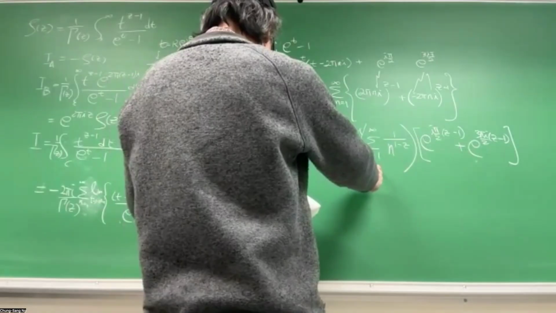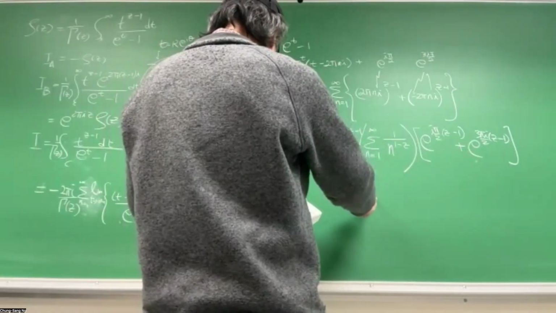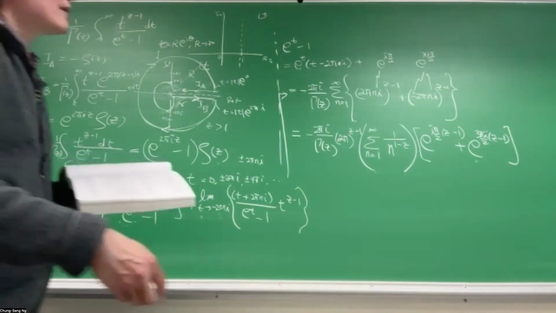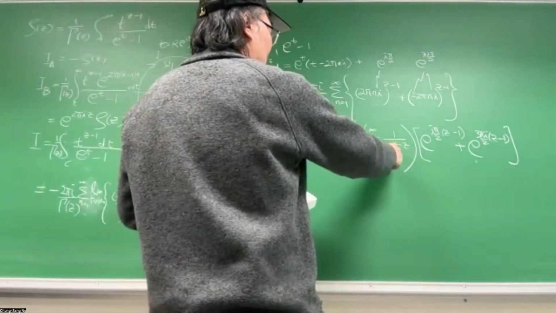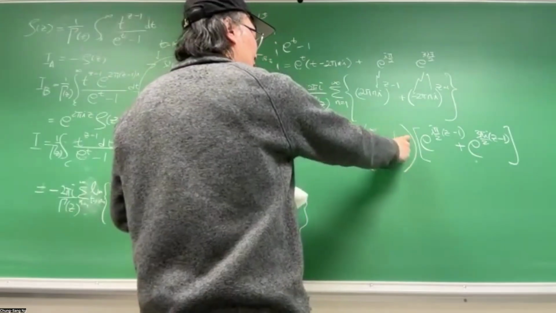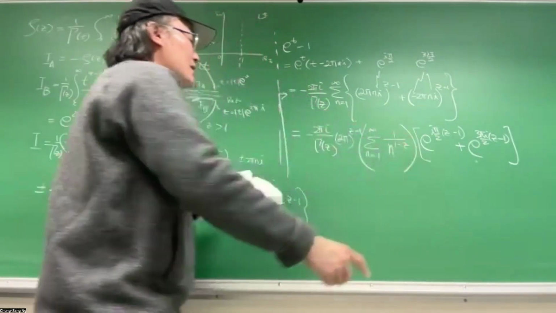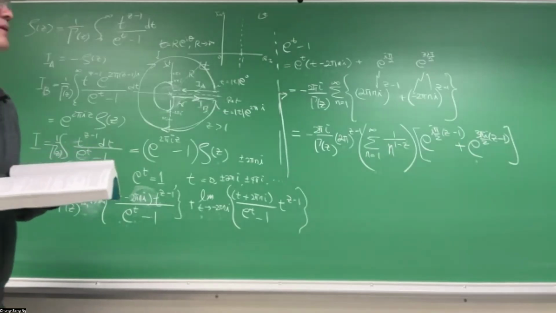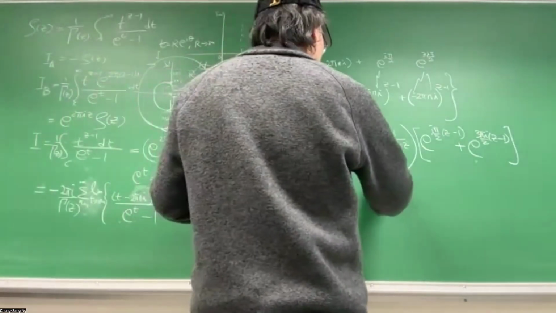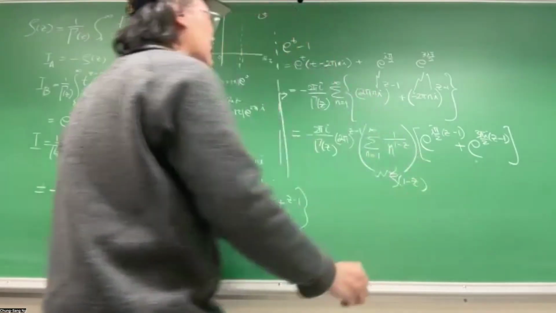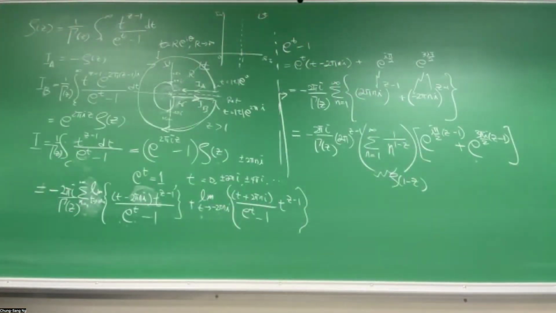If you compare with the definition of the Riemann zeta function, the argument of the zeta function is this power of n. So now the power of n is 1 minus z. So this whole thing is zeta of 1 minus z, right?